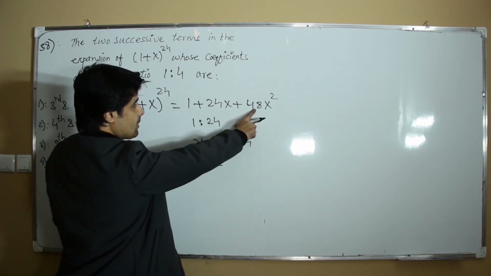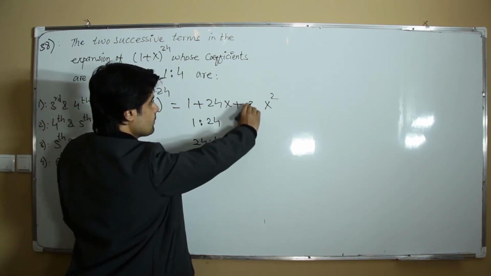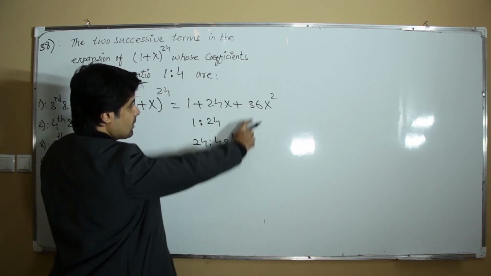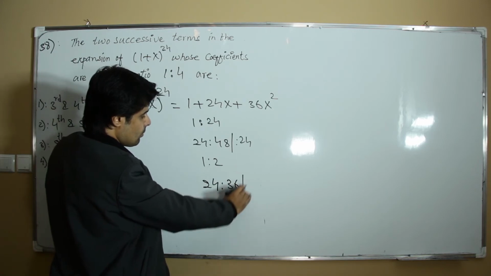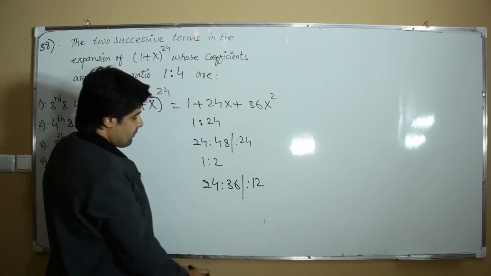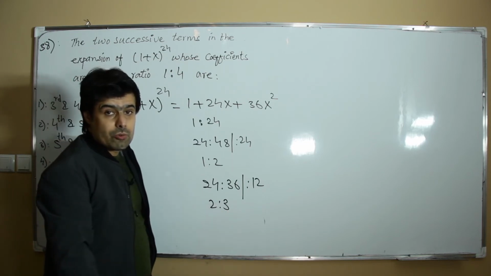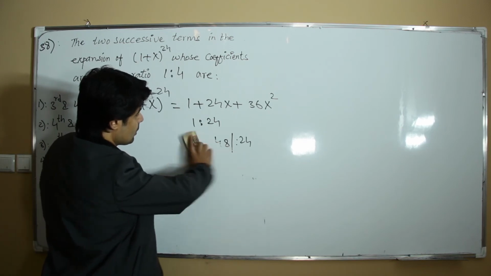The second term and the third term are in this ratio. If this one is 36, now the second term and third term are in which ratio? 24 with 36. Both are divisible by 12, so it is 2 divided by 3.